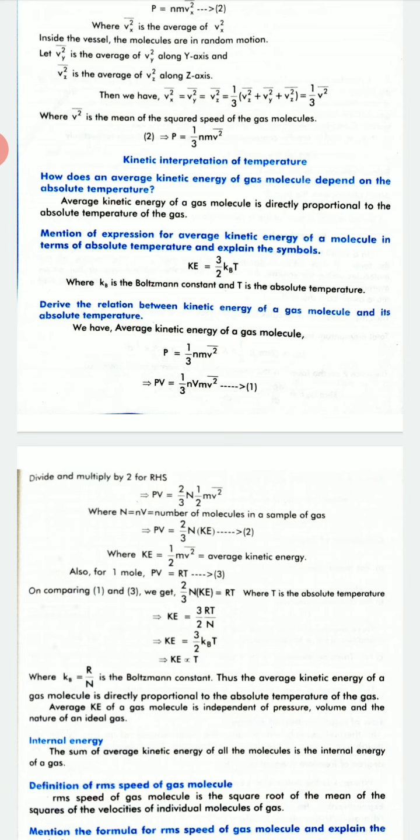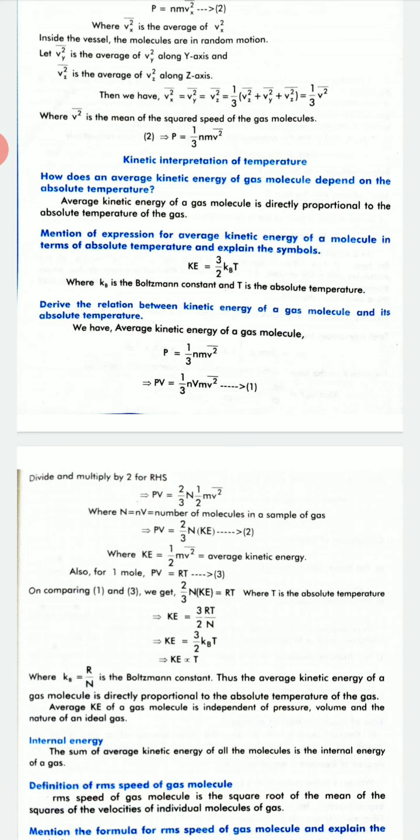Where the KE is equal to 1 by 2 m v square bar. It is the average kinetic energy, and also for 1 mole of molecules. So for 1 mole of molecules, what is the ideal gas equation? PV is equal to RT. Suppose that is equation number 3.